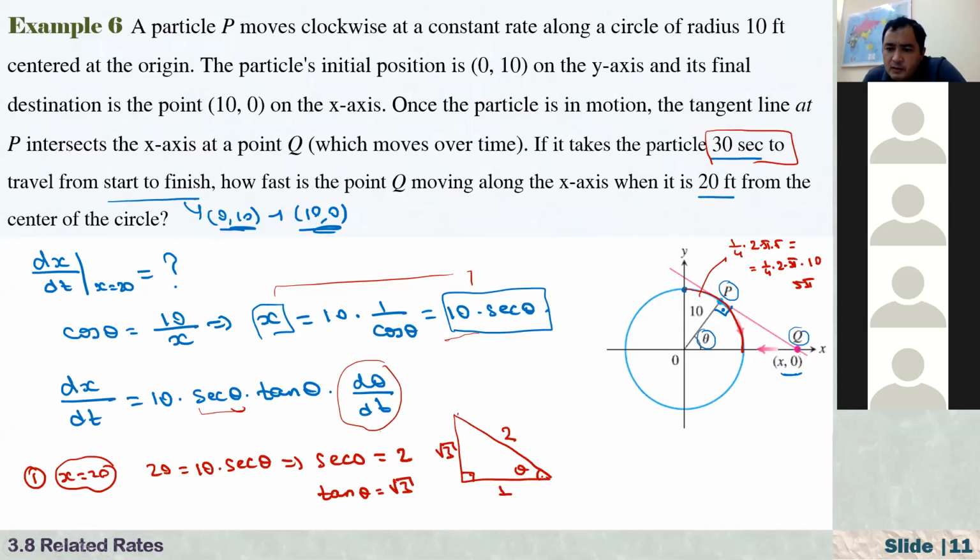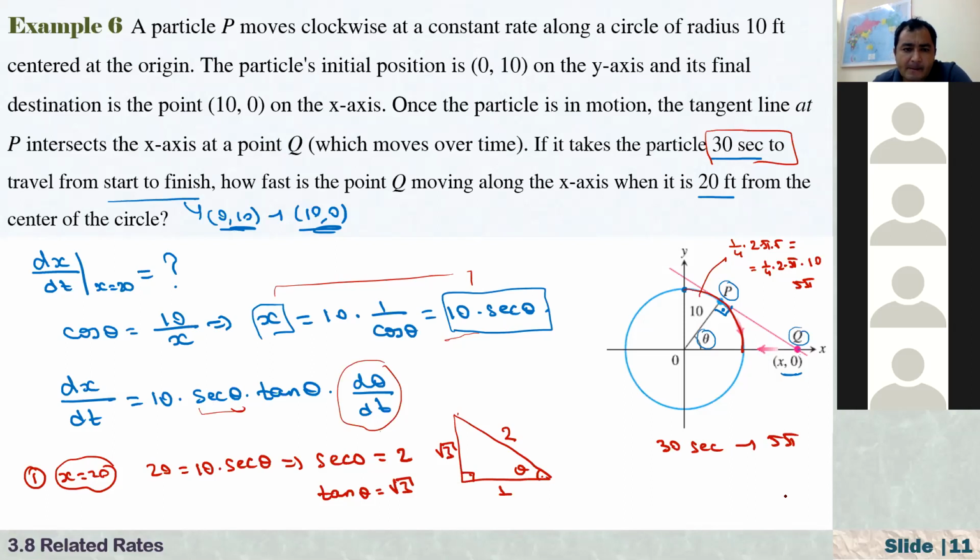2 pi r, 1/4, pi for 5 pi. So now I can write that in 30 seconds it can travel 5 pi.